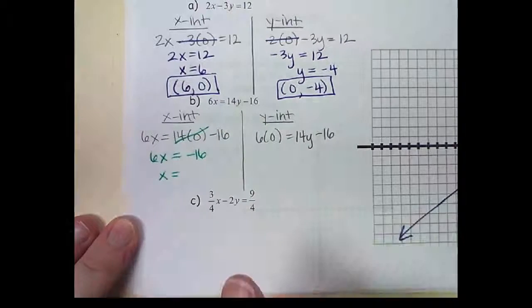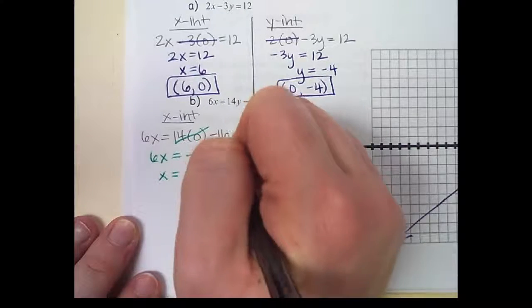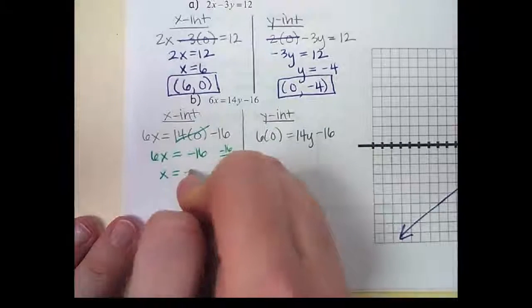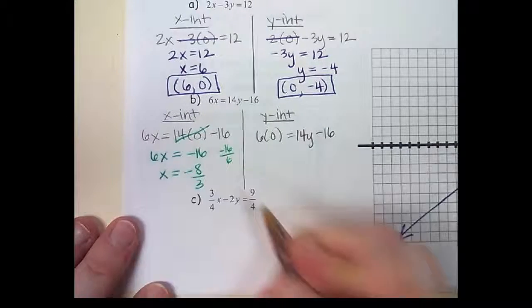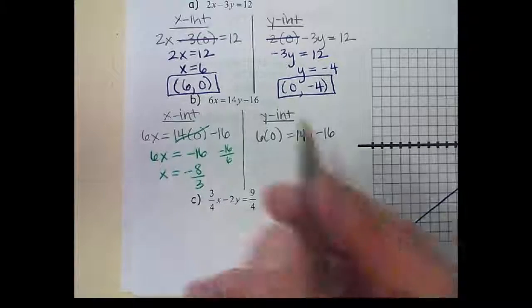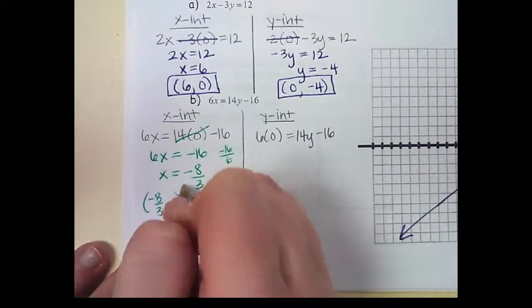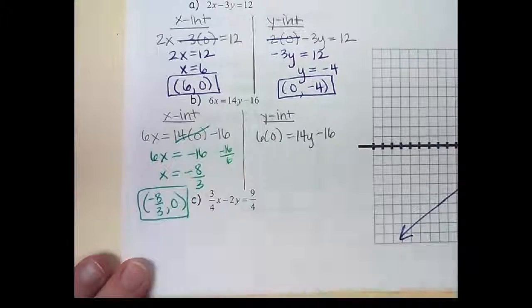What does x equal? We have negative 16 divided by 6, and we want to reduce it. Don't leave it like that. So negative 8 over 3. You don't need to write a decimal, just leave it in fraction form.